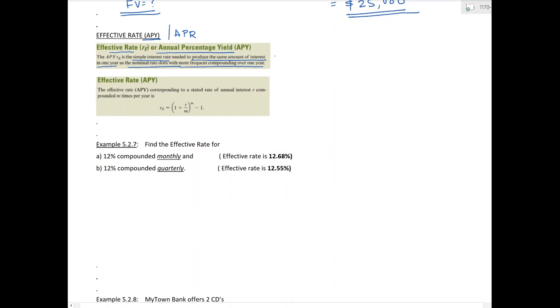So what that basically means is that it is the effective rate accounting for the compounding. So if things compound at different rates, it's difficult to compare which is the better investment.